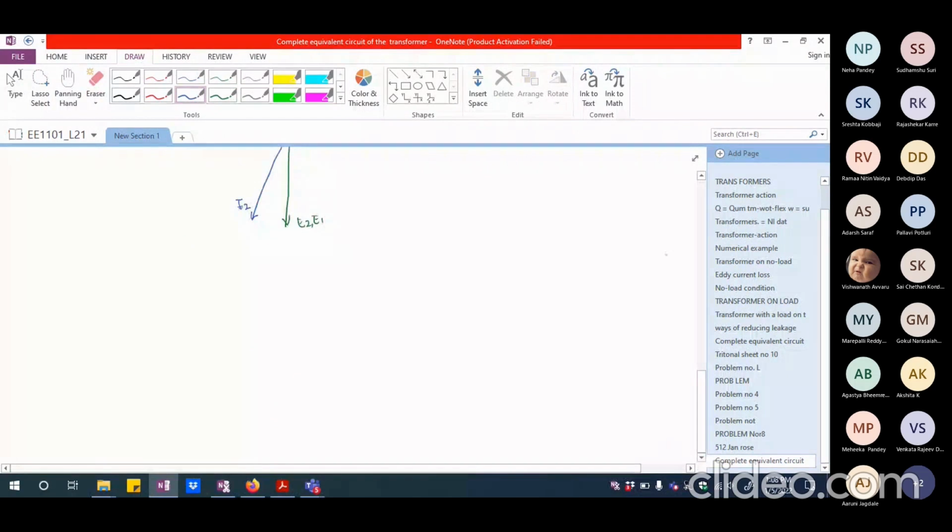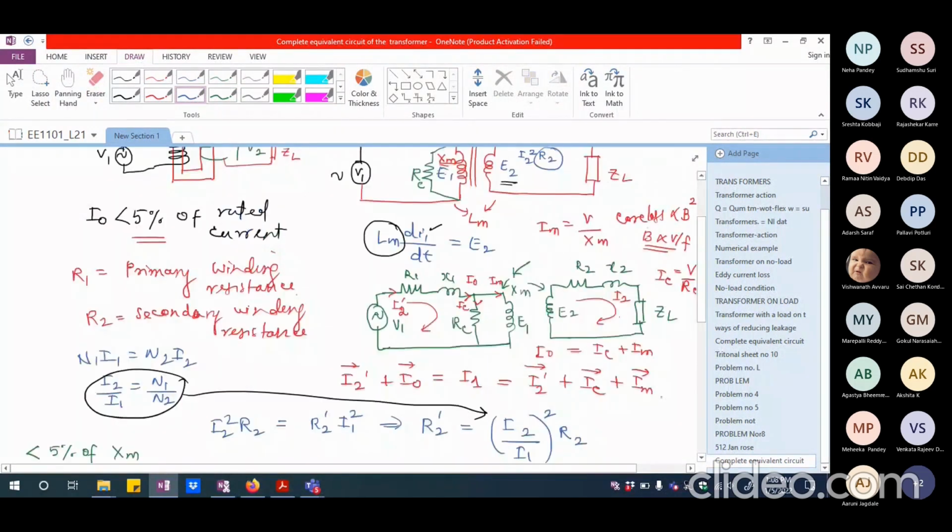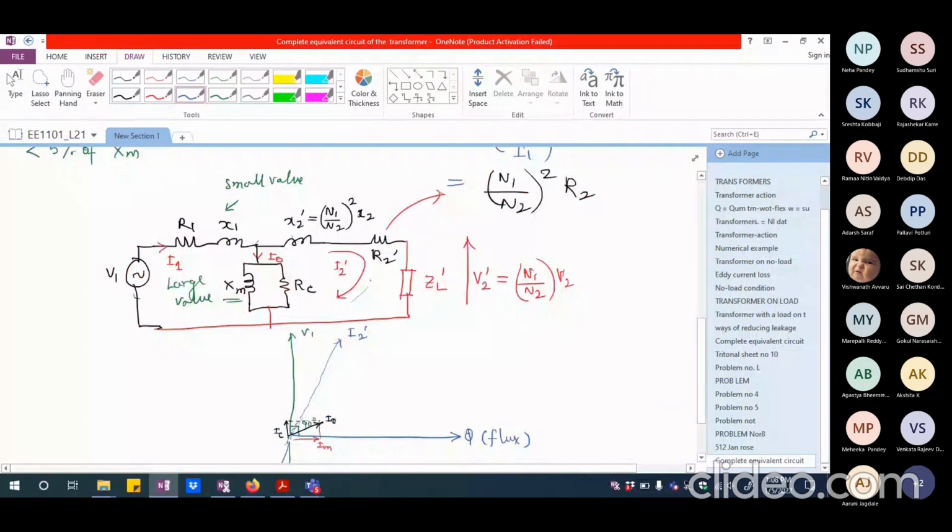Now, one thing I have to do is, I have on the secondary side, R2 dash and X2 dash. So I2 dash multiplied by R2 dash plus JX2 dash. That will be the drop what is taking place in these two elements. That has to be added to V2 dash to ultimately arrive at what is E2 dash. If I may call this as E2 dash, that will be same as E1.